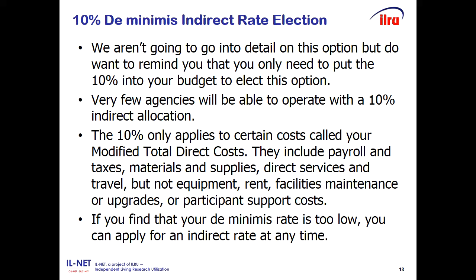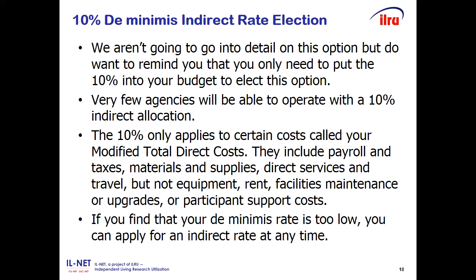And I also want to say, though, that we've talked to some agencies that chose this because of the complexity of applying for an indirect cost rate, and they express concerns that they're going to be under-reimbursed, maybe seriously under-reimbursed, and we believe that not many agencies will be able to operate with a 10% indirect allocation.